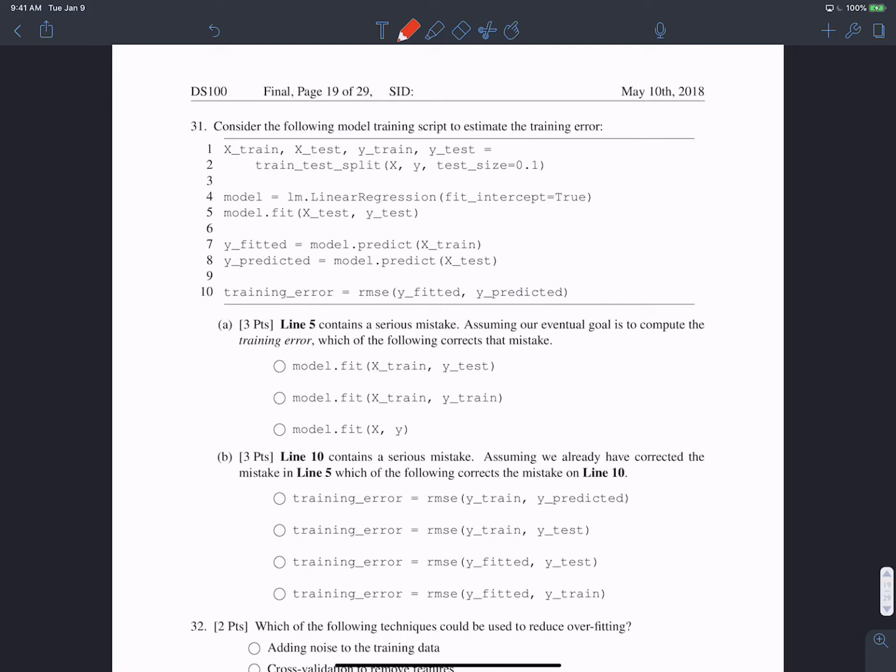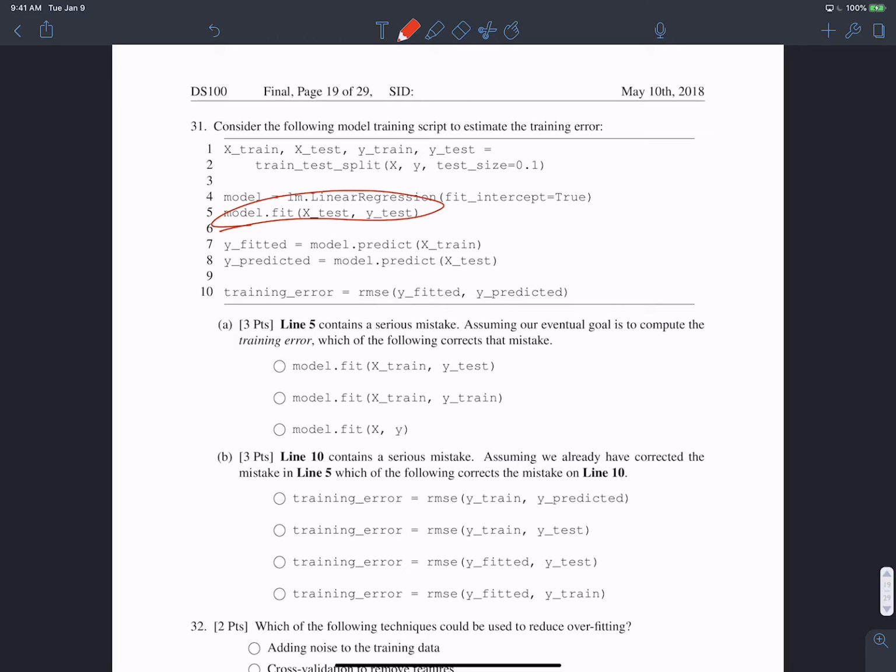Okay, now in question 31, we're told to consider this model training script to estimate the training error. And in part A, we're told that line 5, right here, has a serious mistake, and assuming our eventual goal is to compute the training error, which of the following fixes that mistake? Okay, so the mistake itself is that you never fit your model using the testing data, right?